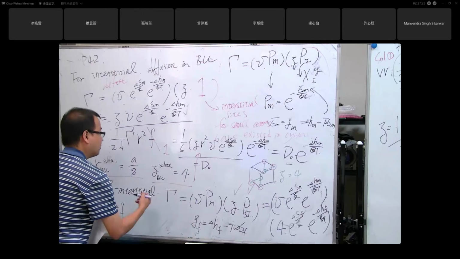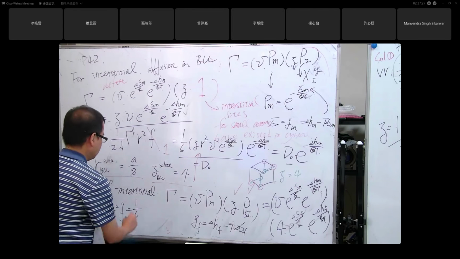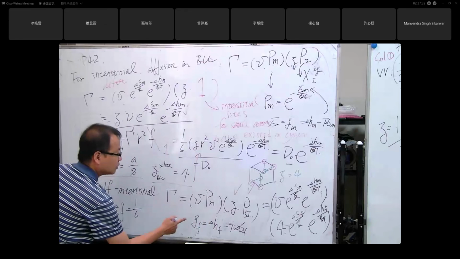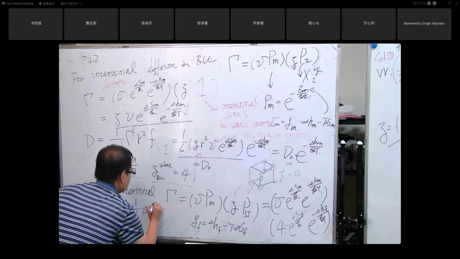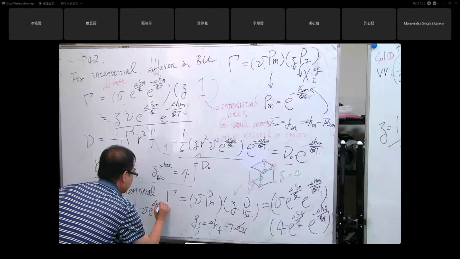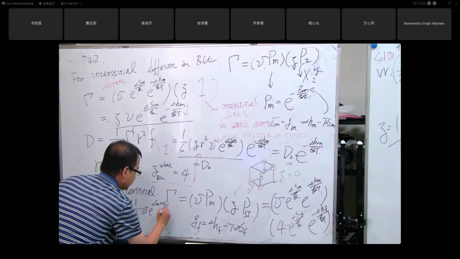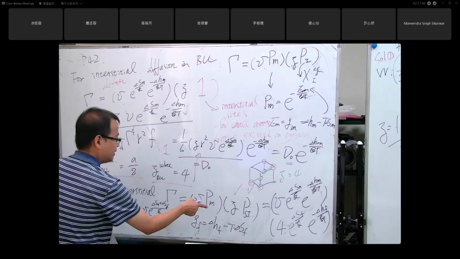So it becomes 1 divided by 6, and put this gamma in. So that will be mu times exponential of delta Sm plus delta S formation for that divided by k. Then the Z is 4.